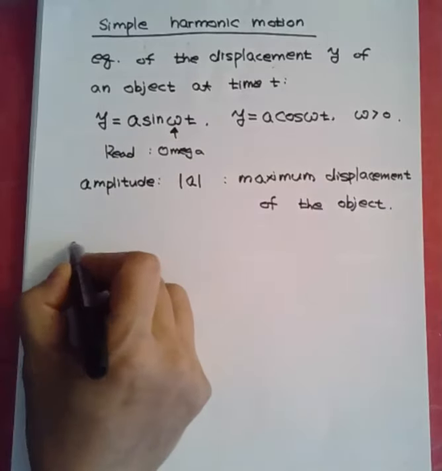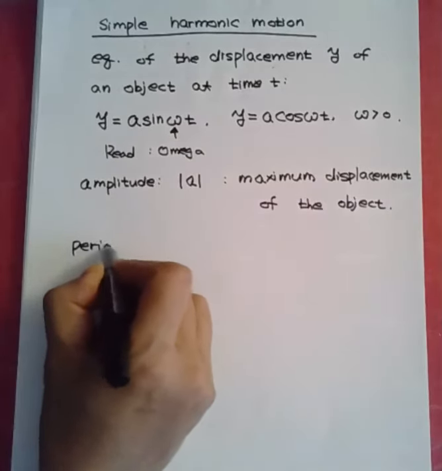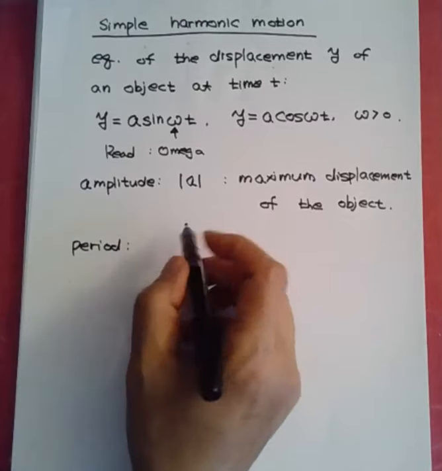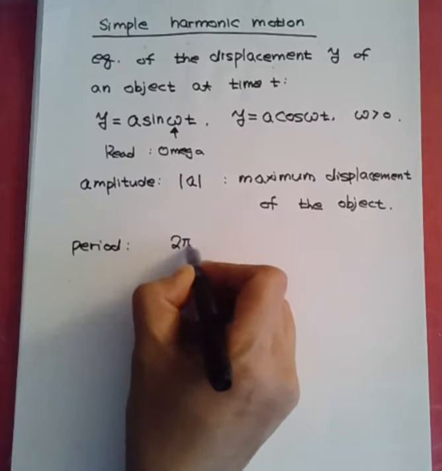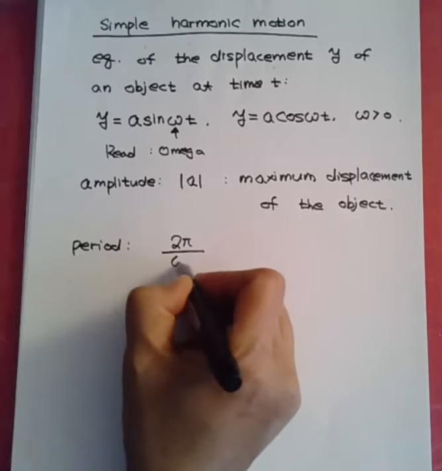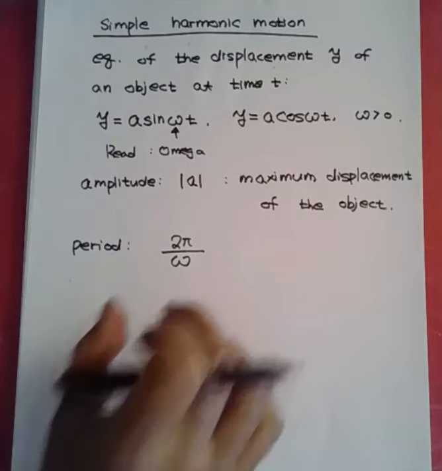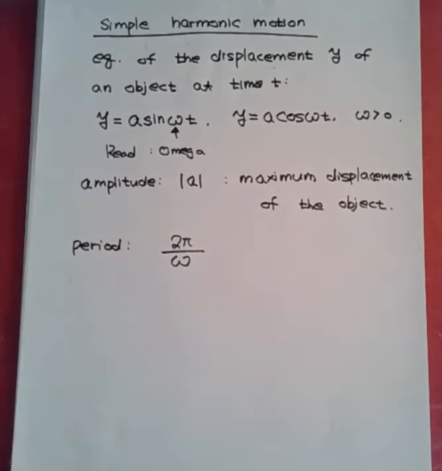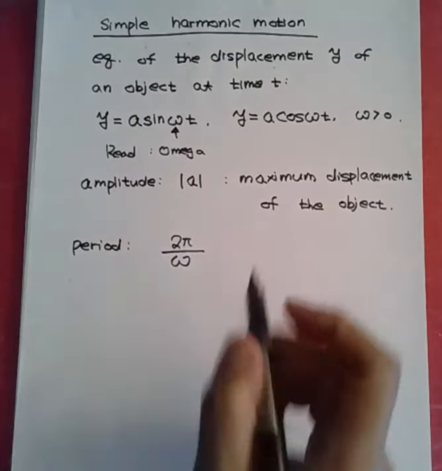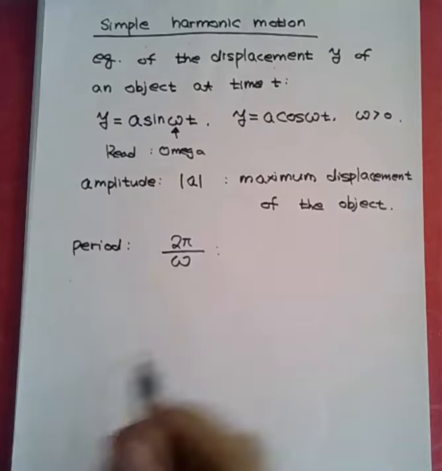The period is 2 pi divided by omega. We don't put absolute value because we already assumed that that is a positive number.